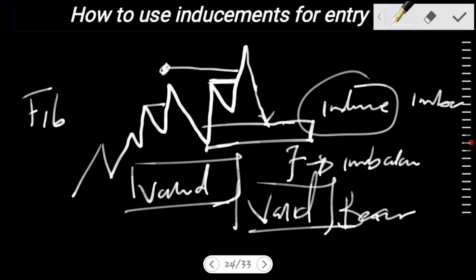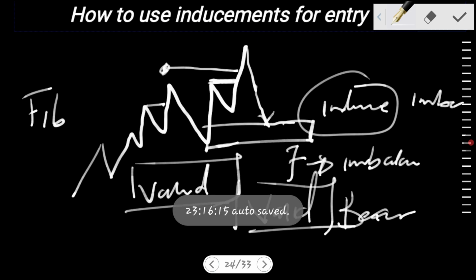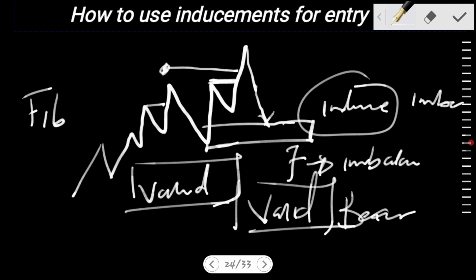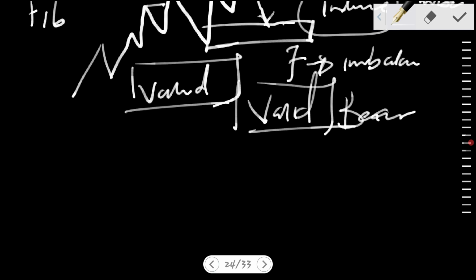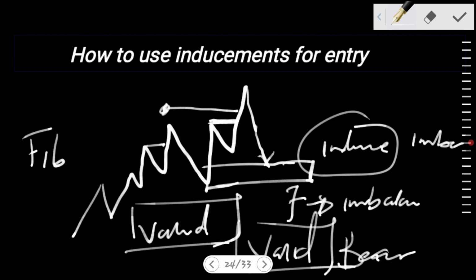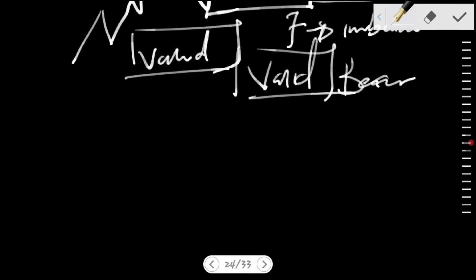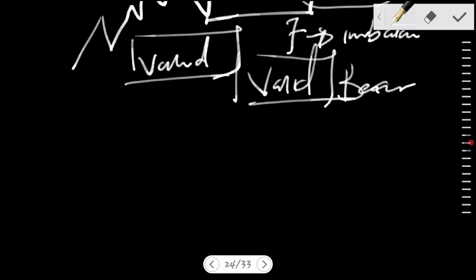That high that was previously strong, once it is broken, means that's a valid break of structure. This is not only for when the market is trending upwards. Even if the market is bearish, it is still the same.